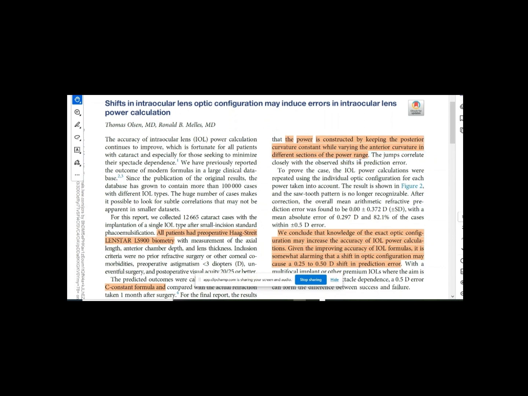So as the IOL power went up, say from 15 diopter to 25 diopters towards 30 diopters, they kept the posterior curvature constant and added more power to the anterior curvature, to the anterior side.